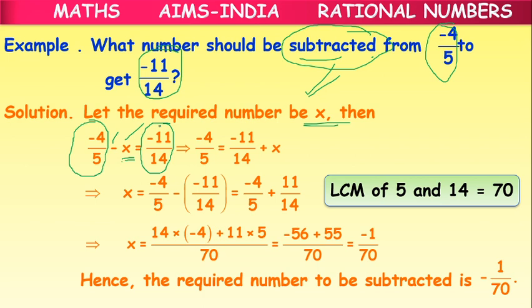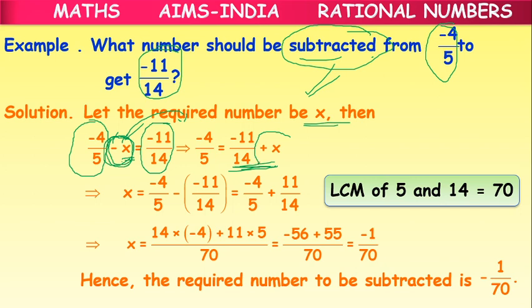Okay, children. Because we want to find x, and here minus x is there, I want to make it positive. We want the required value to be positive. So minus x we will take to the right hand side. It will become minus 11 by 14 plus x.